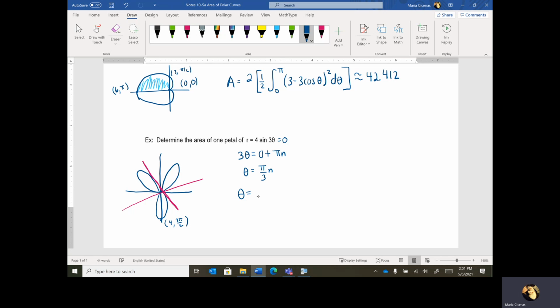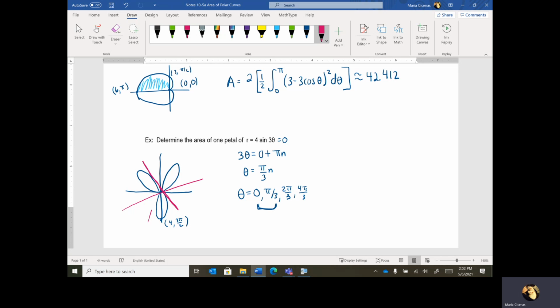So where are the ones that I want? Well, I'll have one at 0 and one at pi over 3, right? That even visually looks right there. At 2 pi over 3 would be another one, etc. But really, I can use the first 2. That's going to give me that first petal. Oh, I left off my sketch.